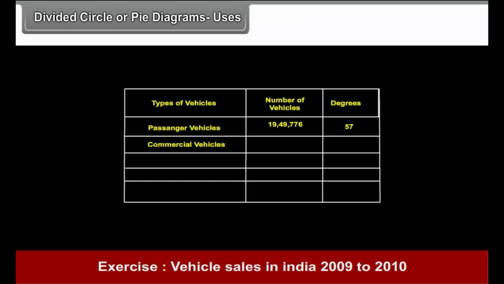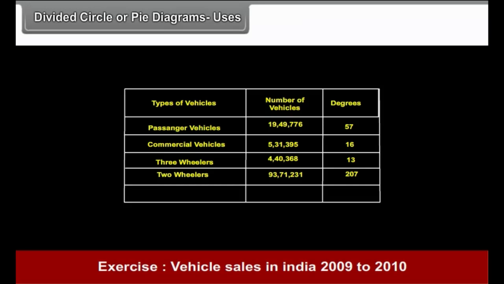Commercial vehicles 53 lakh 1,395, 16 degrees. 3 vehicles 44 lakh 368, 13 degrees. 2 vehicles 9 crore 37 lakh 1,231, 274 degrees. Total 12 crore 29 lakh 2,770, 360 degrees.